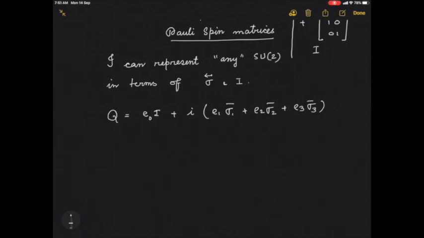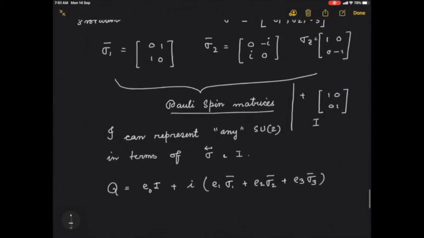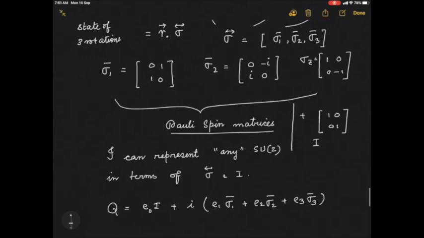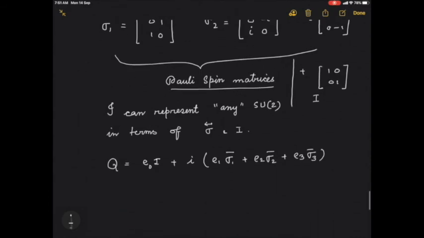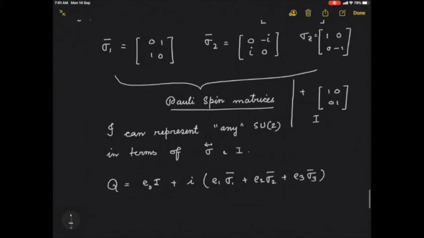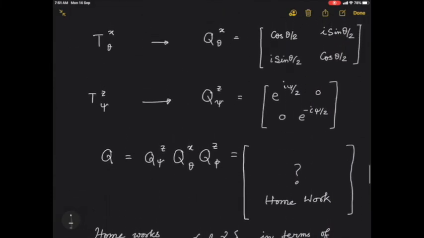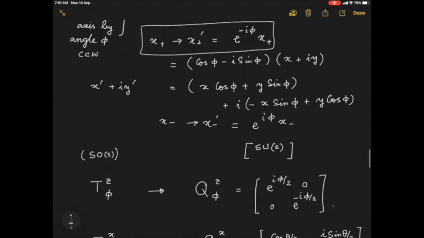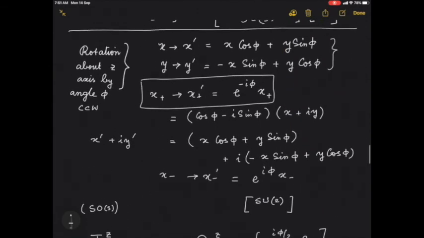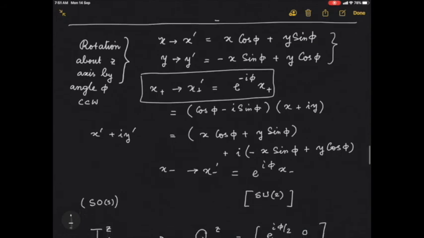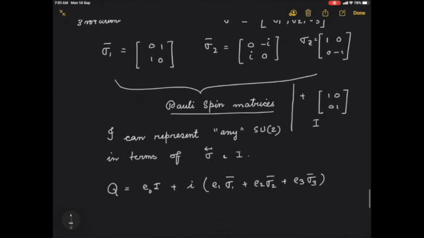Okay. Now again you can verify that it can be written this way. Let me show you one thing. The rest you can verify. So let me tell you how to verify this. First you have to write Q in terms of E0, E1, E2, E3, which I have shown you how to do earlier.